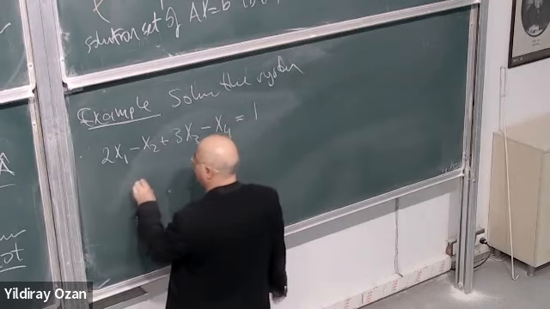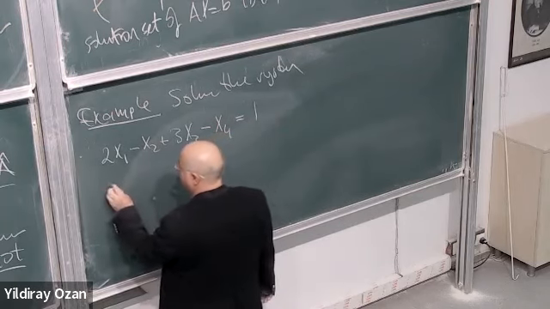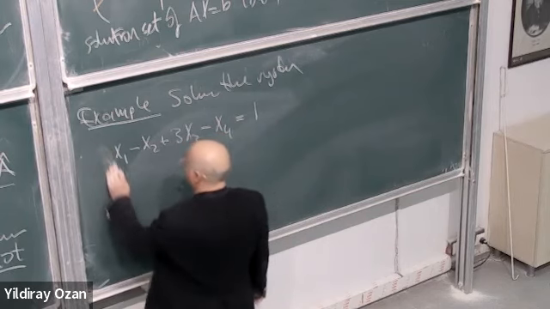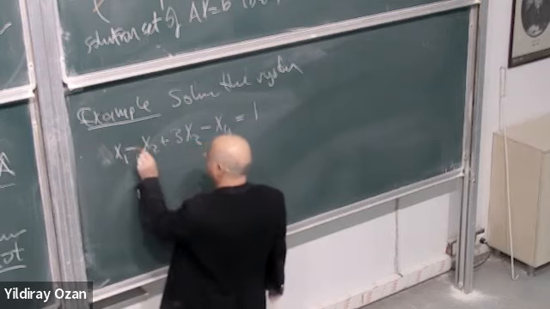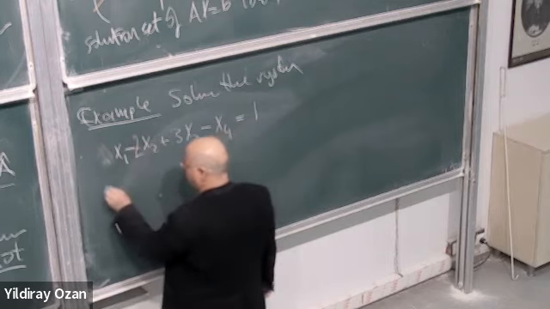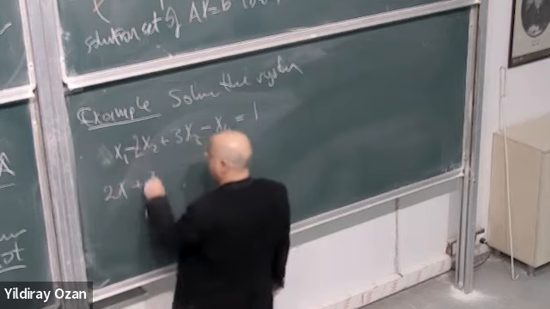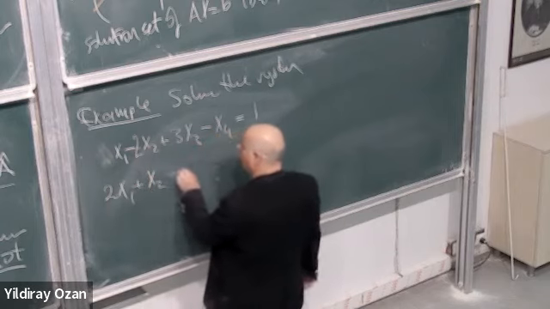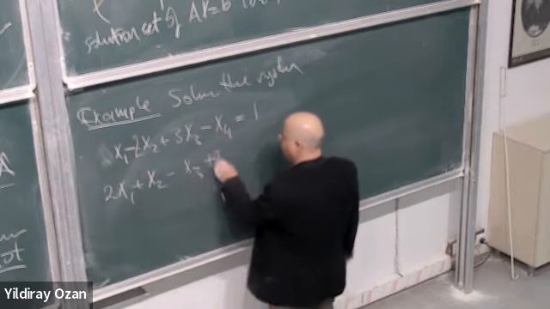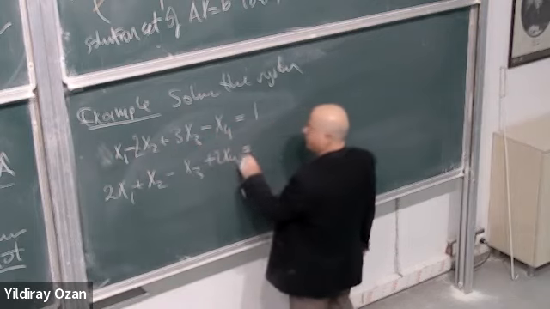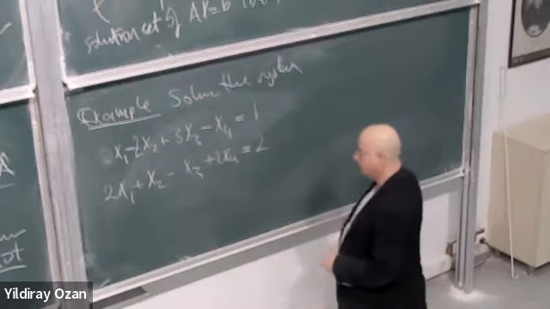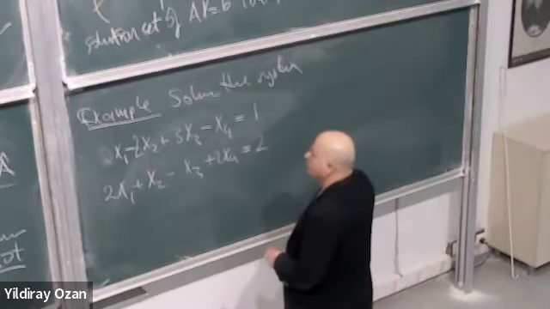And then, okay. Okay. 2x1 plus x2 minus x3 plus 2x4 equals 2. All right.